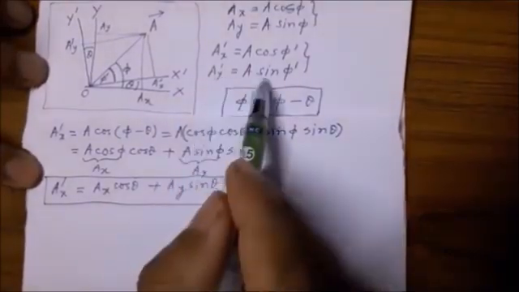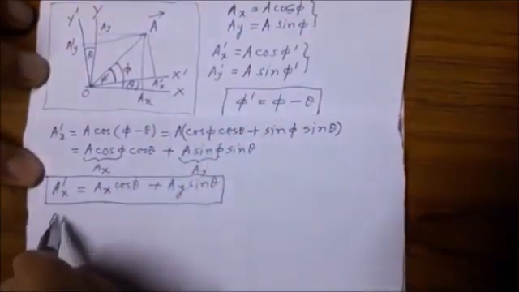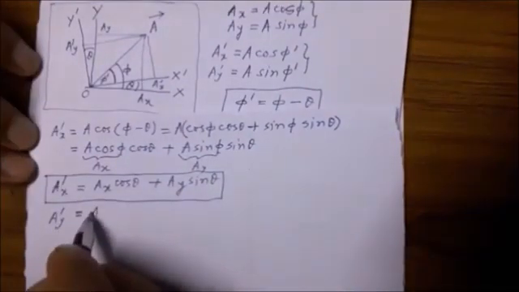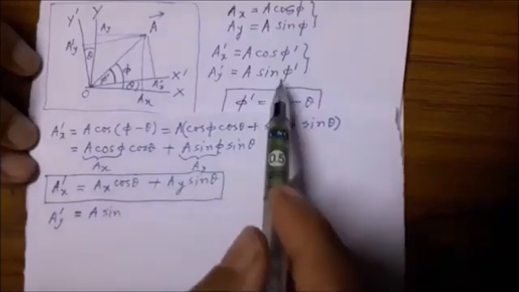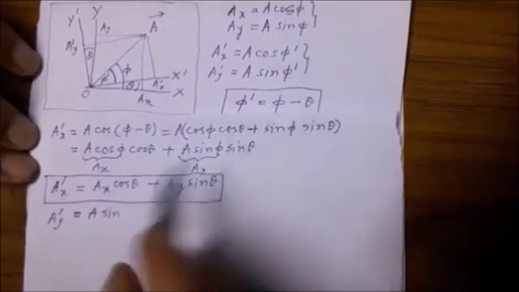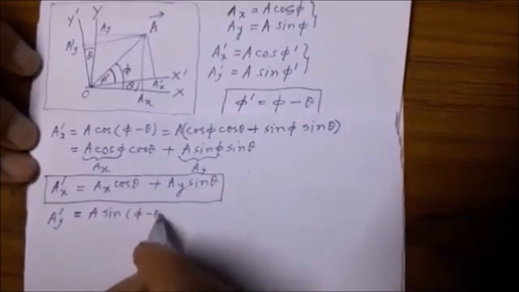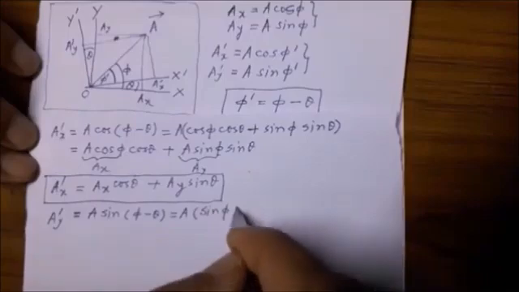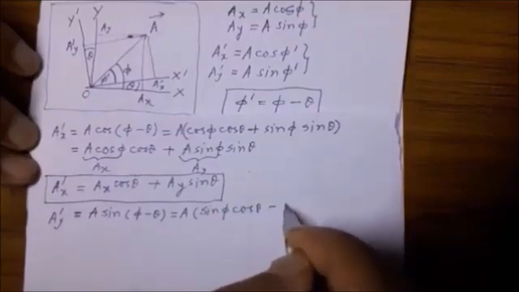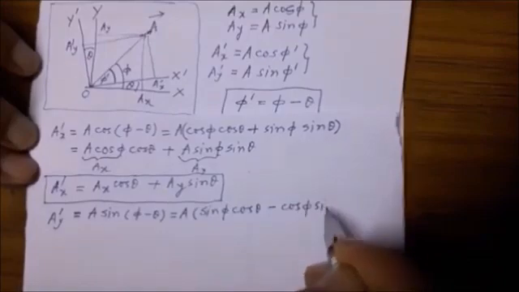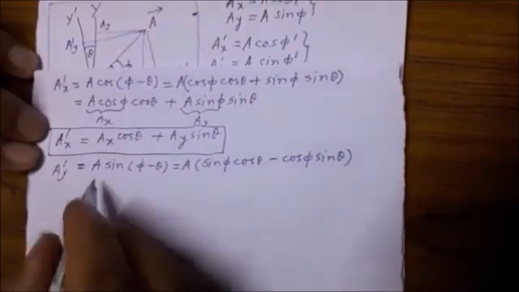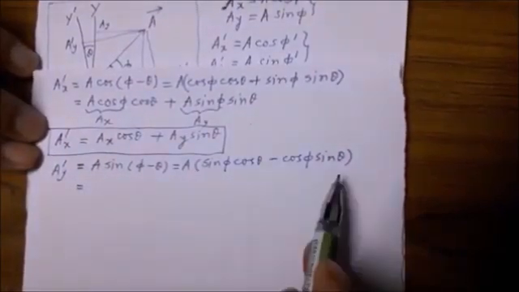Let us now look at this relation. Ay prime can be expressed as a sine of, so instead of phi prime let us put phi minus theta, and we can expand sine, and this gives us sin phi cos theta minus cos phi sin theta. And let us do away with the first bracket.